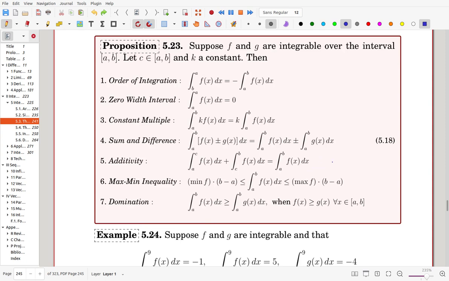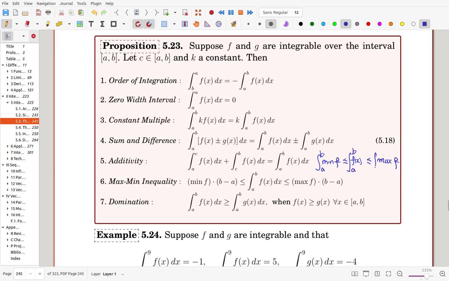Okay. Now, the max-min inequality. For given f of x, it is always larger than or equal to the minimum of f, and also smaller than or equal to the maximum of f, so the integration from a to b should satisfy the same inequality.